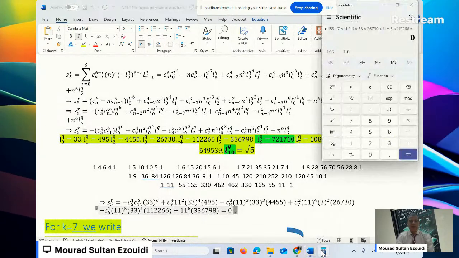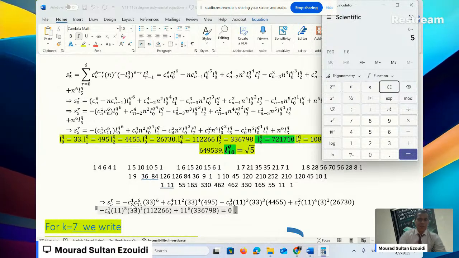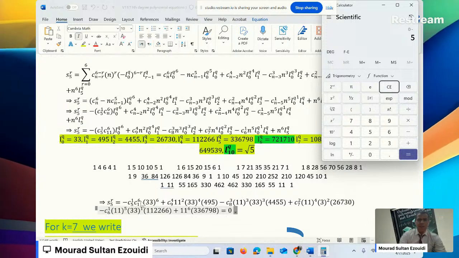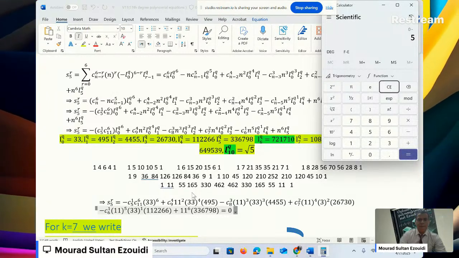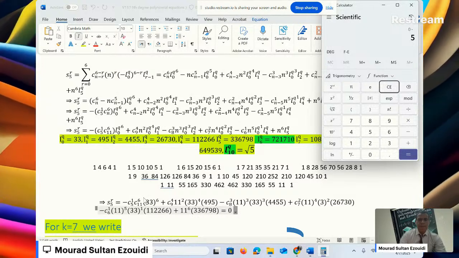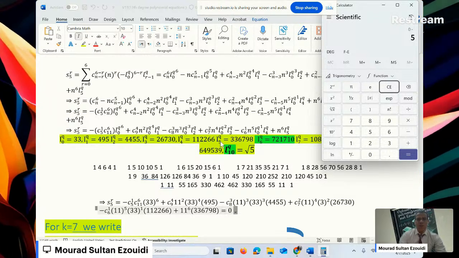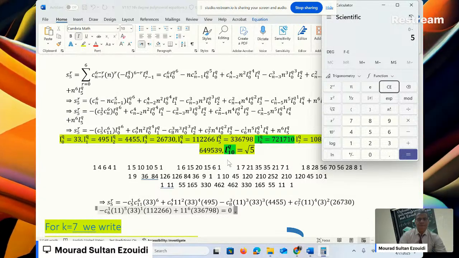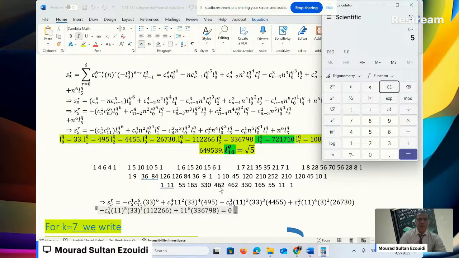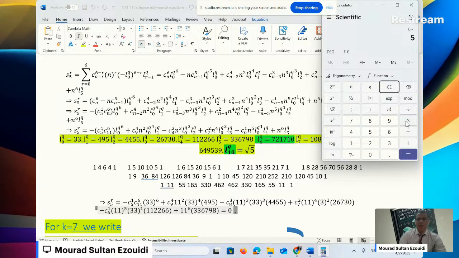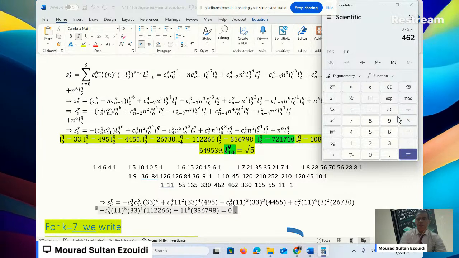So we have negative 5 multiplied by negative 5 multiplied by 11 to the power 6, so multiply by 462, multiply by 33 raised to the power 6.